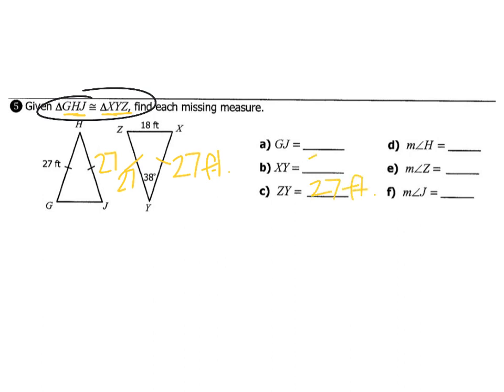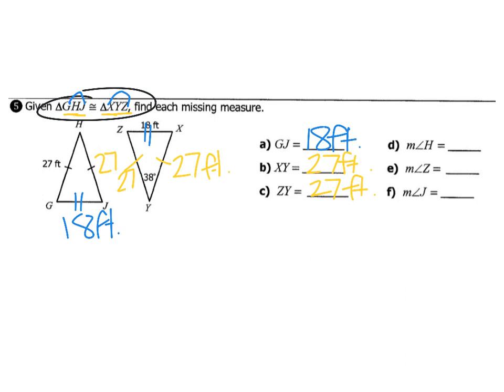And XY is 27 feet. Now we still need to find GJ. So we know GJ, that's our first and our third. First and third, so GJ is congruent to XZ. So if XZ is 18 feet, GJ is also 18 feet.